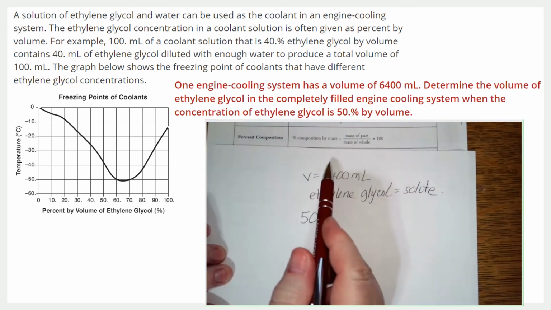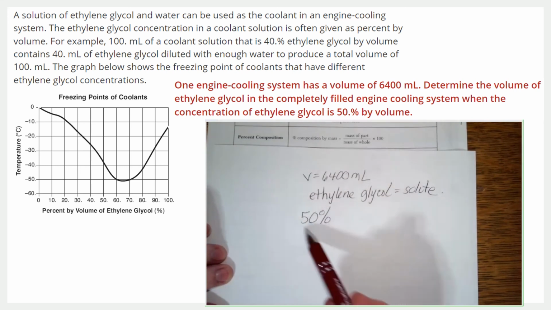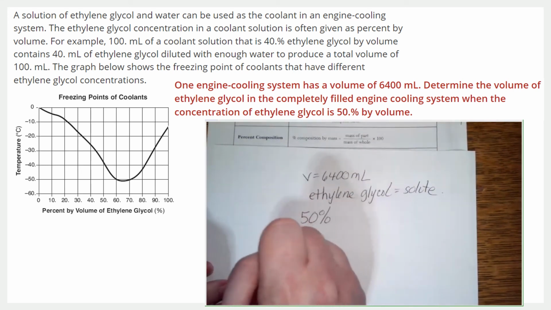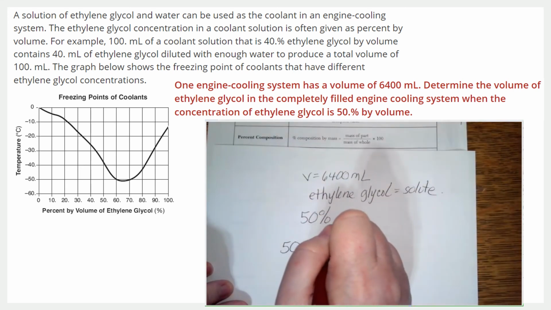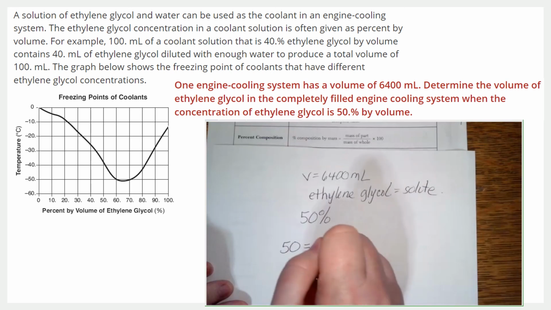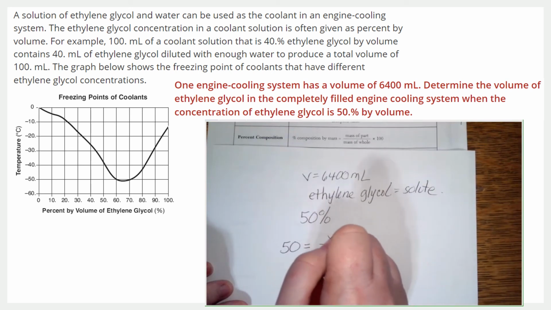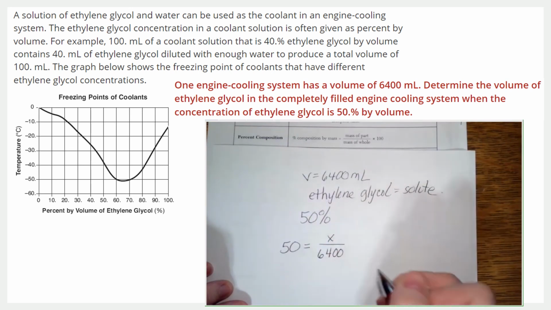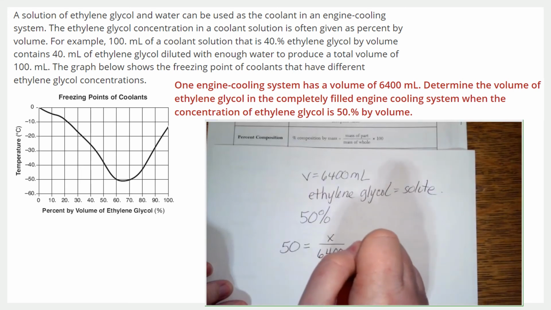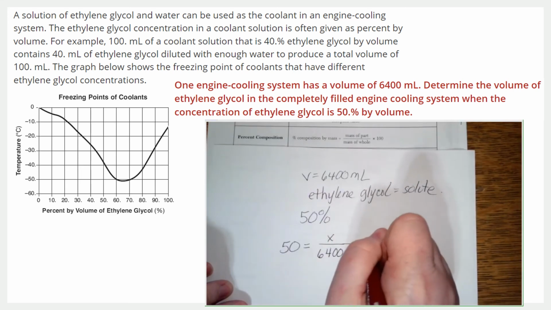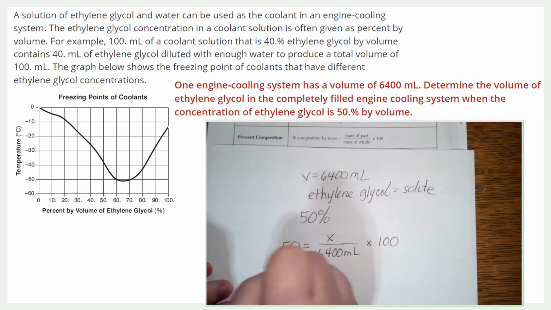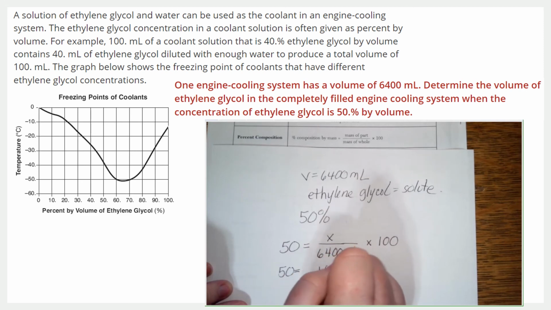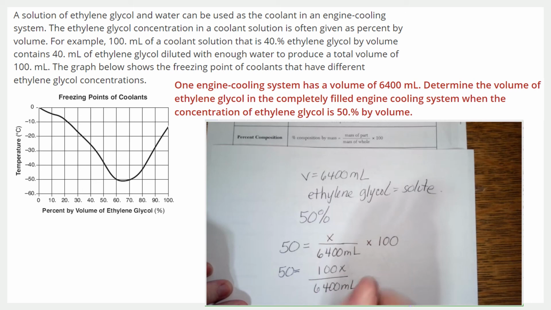So I'm using this formula and a similar setup. Let's see if I can figure it out. I know 50 is my percent. The mass of the part is the solute, and that's what I don't know. Over the mass of the whole thing, or the volume of the whole thing, 6,400 milliliters, times 100. Again, similarly to what I did before, let's combine those terms: 100x over 6,400 milliliters.